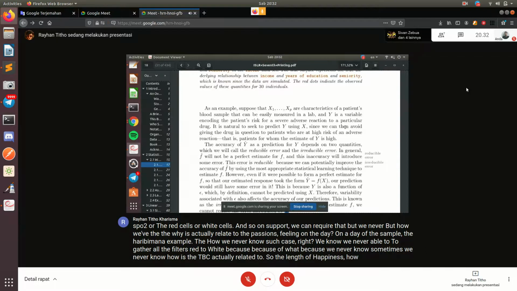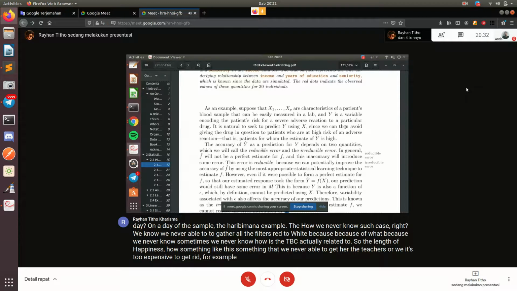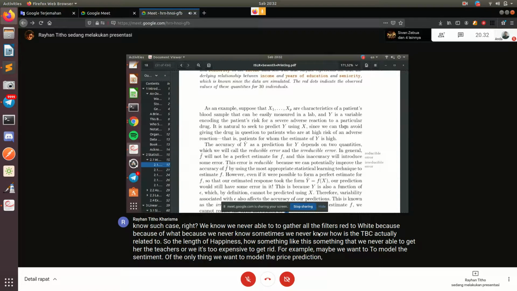Something like this. Some things we are never able to gather as features, or it's too expensive to get features. For example, maybe we want to model price prediction, right?